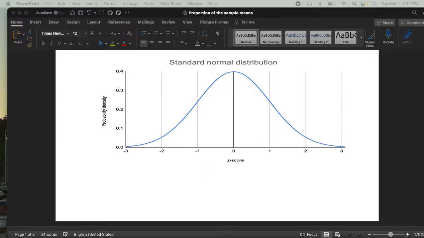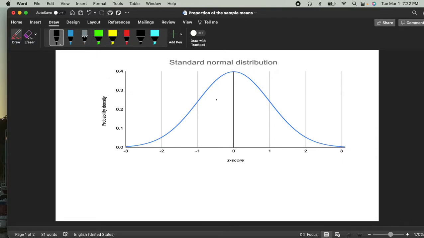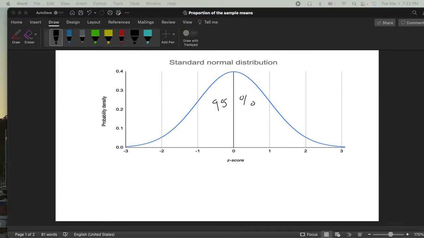Basically, what we're trying to do here is find 95% of our values. Where is 95% of the values?